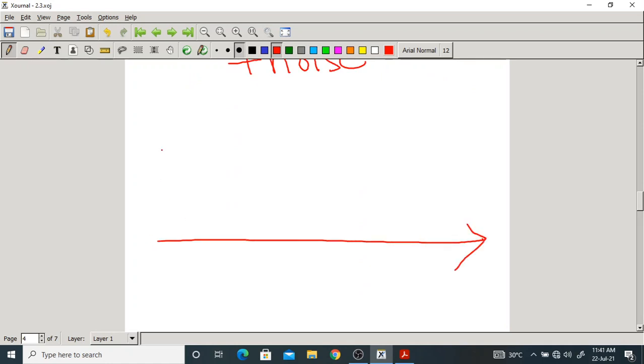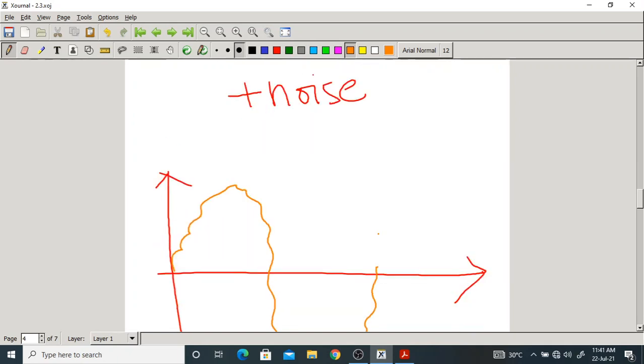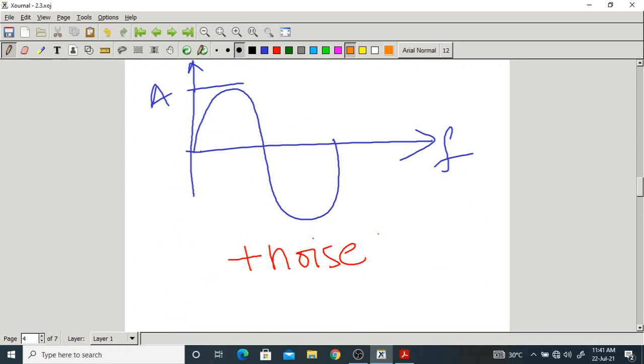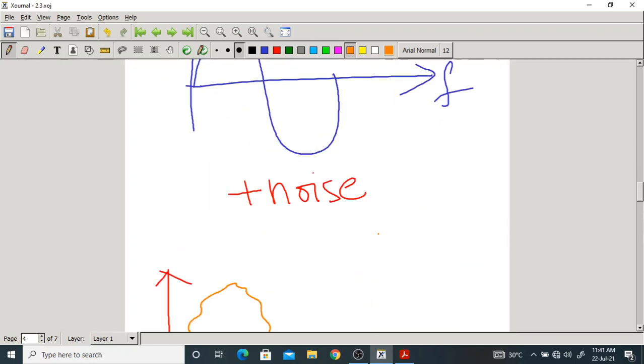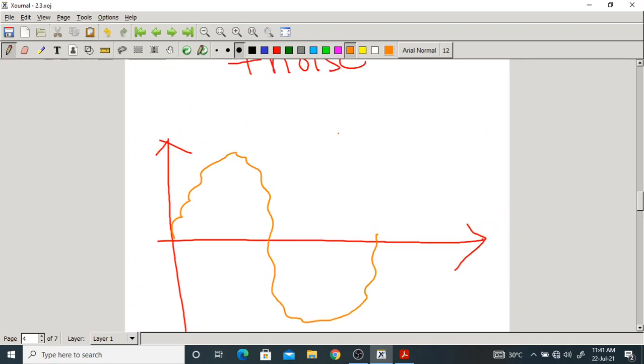Because of noise, we may get severe amplitude variations. You may get something like this. This is the resultant signal after adding noise. Now you compare these two signals. What about frequency? There is no change in frequency, or there is not much change in the frequency.